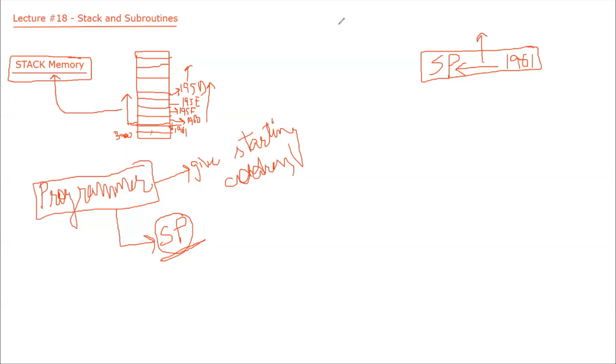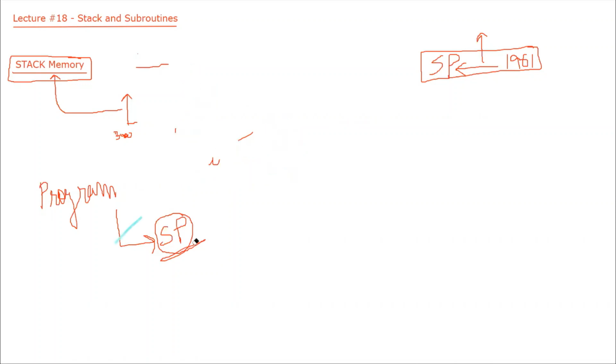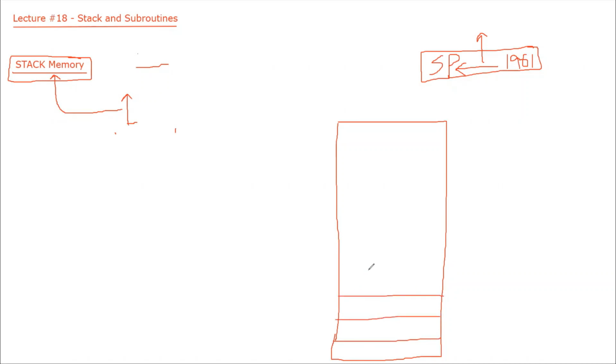Okay, so I will make this diagram again to clarify this. Whatever I am saying, let's say this is our memory, and these are my different locations in memory. I'm making the memory a little bit bigger so that we are able to accommodate many things here.